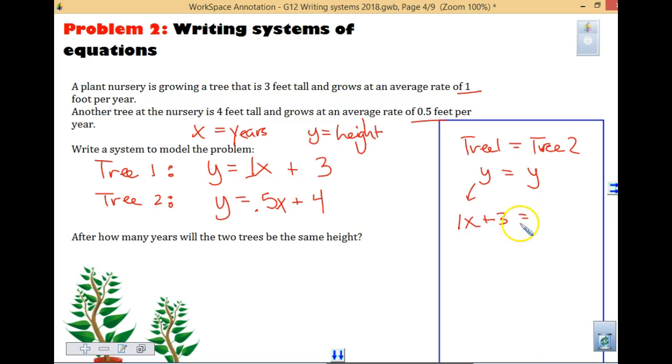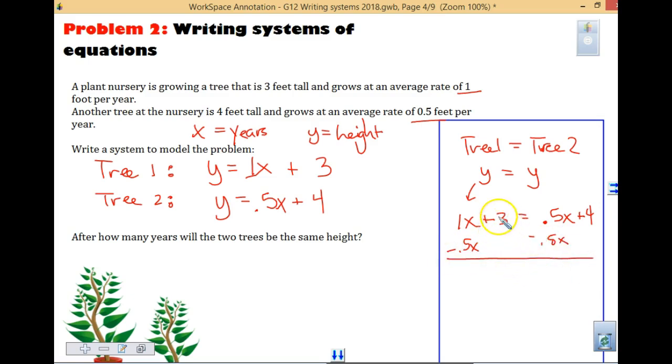This is really substitution. The second tree is really 0.5x plus 4. Deshaun, if we're going to solve that, we want to get all our x's on one side. Do we want to subtract 1x or 0.5x? We're going to subtract 0.5x from both sides.